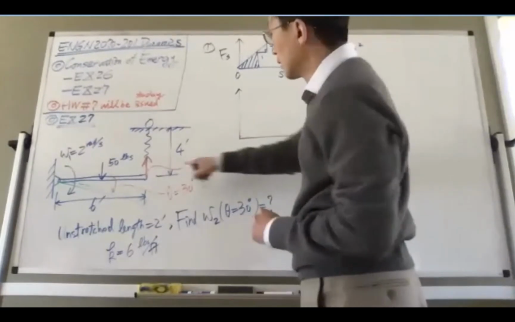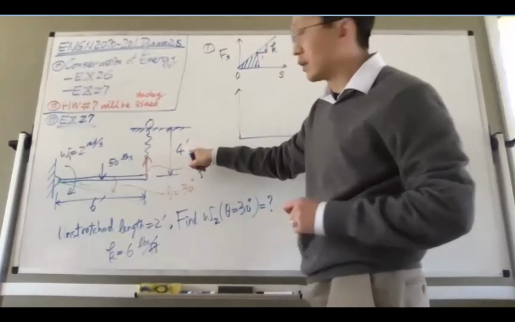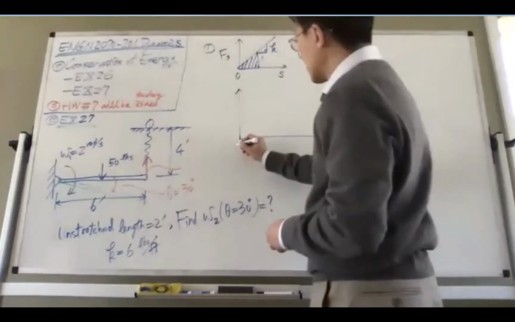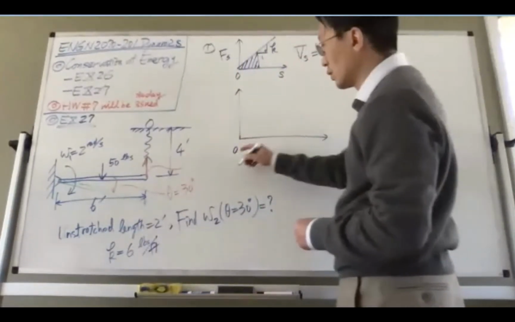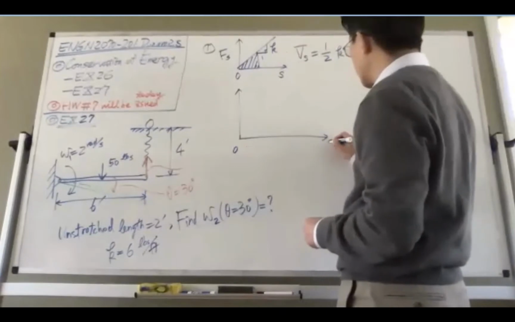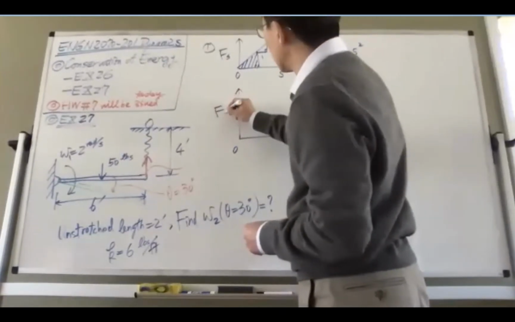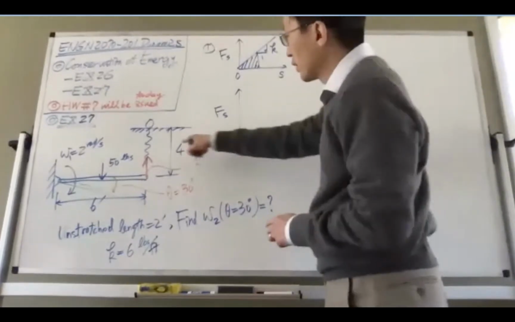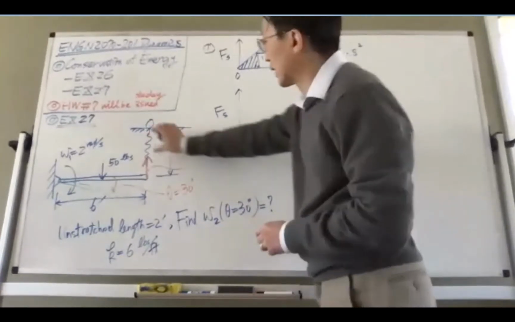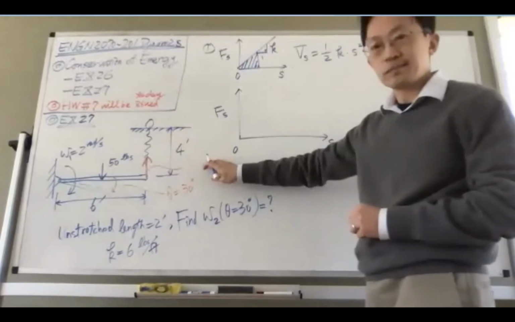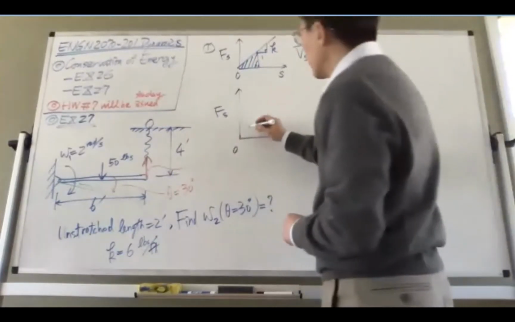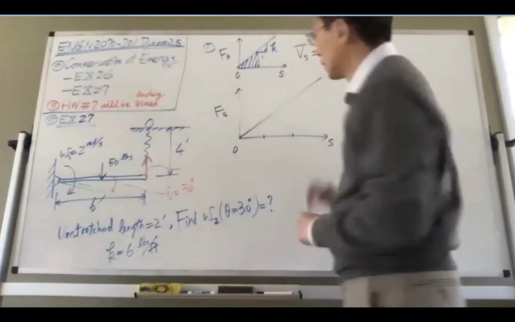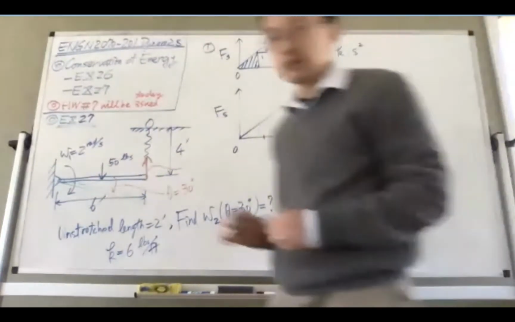Because when the bar is at this position, remember what I said, this 4 feet is not the unstretched length, which means the unstretched length is 2. That means if you look at the displacement for the spring, initially when the length is 2, it has no displacement. But from 2 to 4, it's like this.